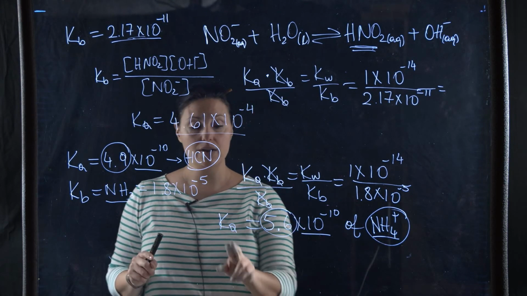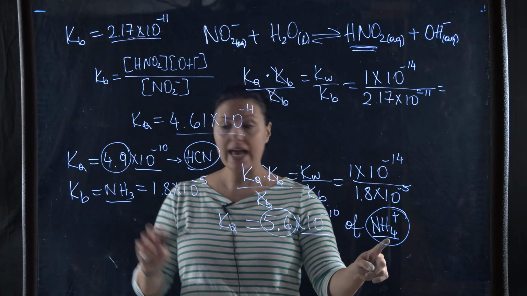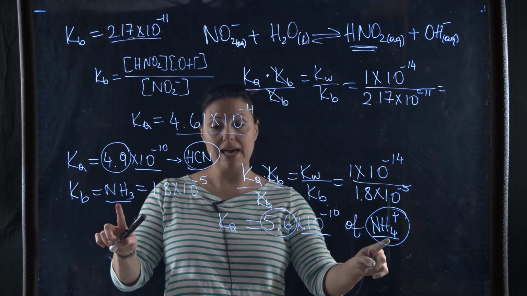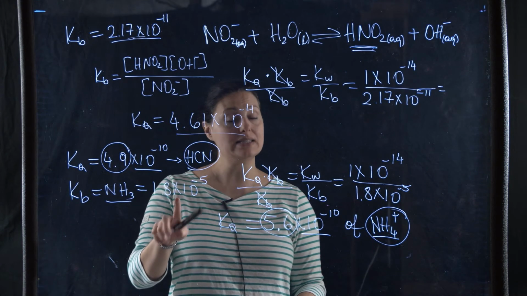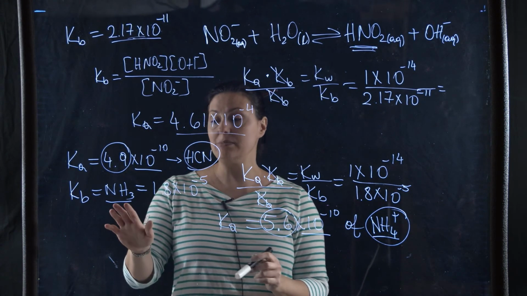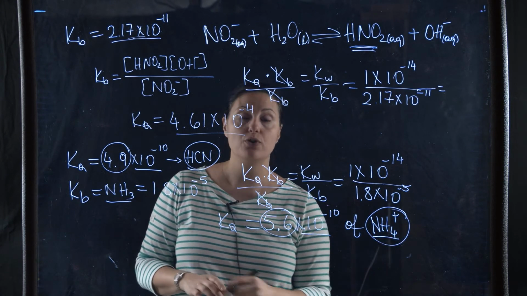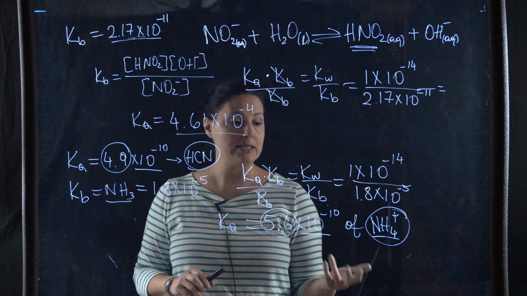But when I compare the Ka and the Kb value, so now I'm comparing the conjugate acid to the base, I see that the Kb is a much larger number than the Ka, which tells me that NH3 is a stronger base than NH4 plus is an acid.